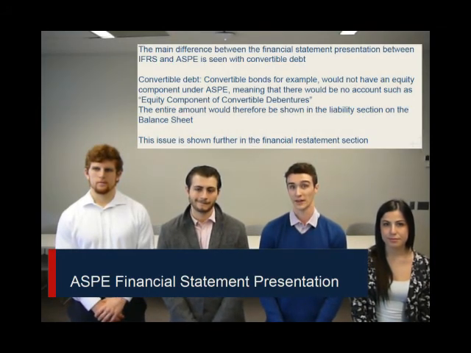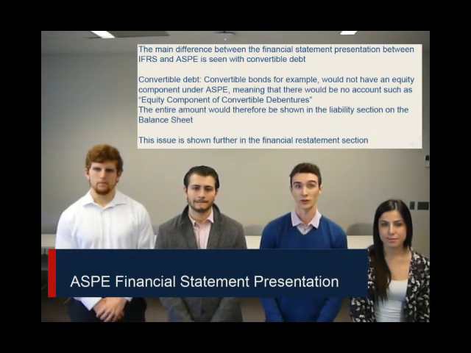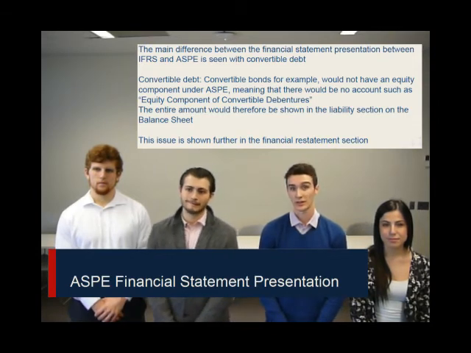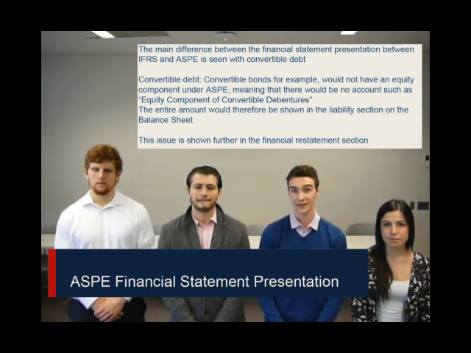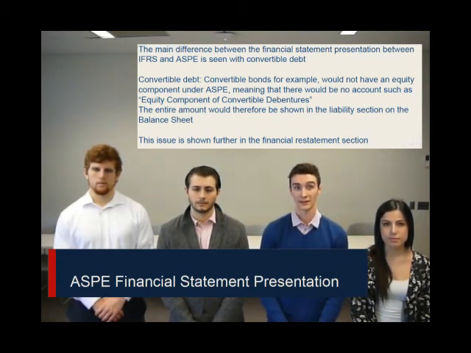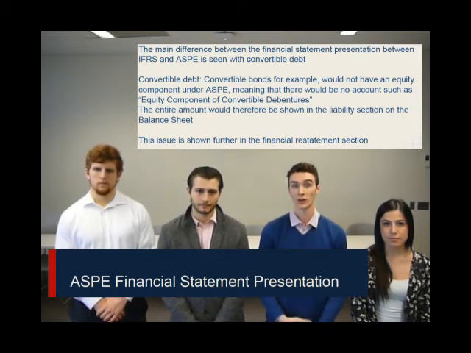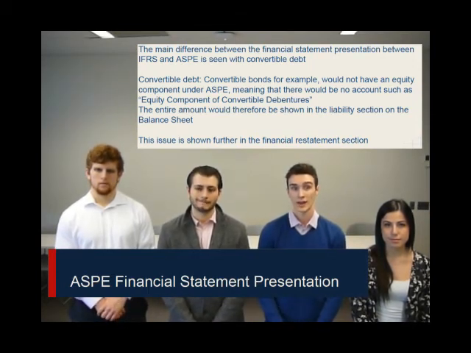So moving on to ASPE financial statement presentation, the main difference deals with convertible debt. Under convertible bonds, for example, there's not an equity component under ASPE, meaning that there will not be an account such as this equity component in the statement. So therefore, no liability section on the balance sheet, and this issue will be shown in the next section.